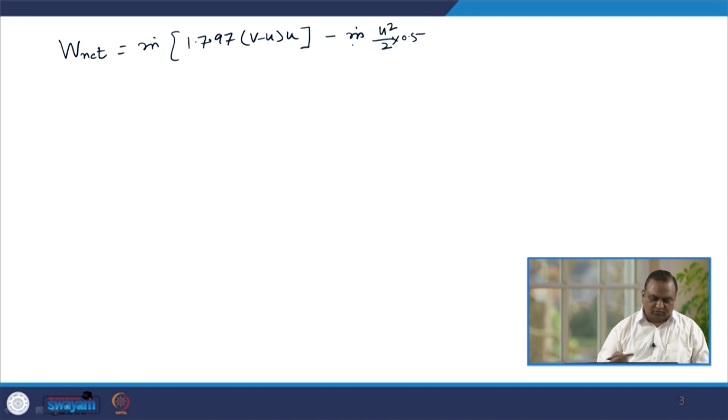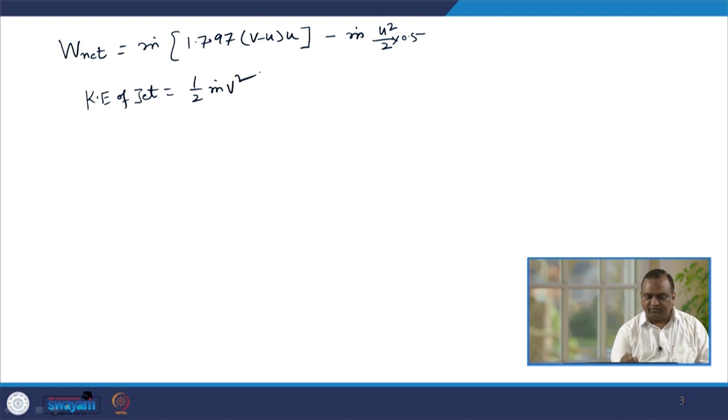And as you know, the incoming energy is the kinetic energy of the jet. So, kinetic energy of the jet is half m v square, right. So, efficiency is going to be equal to net work divided by kinetic energy.